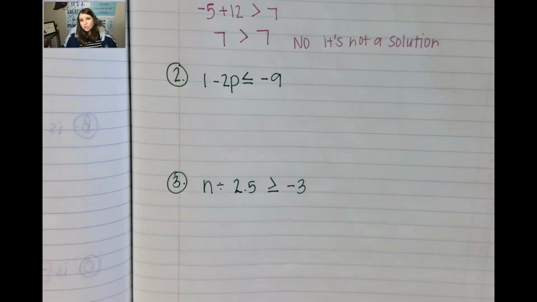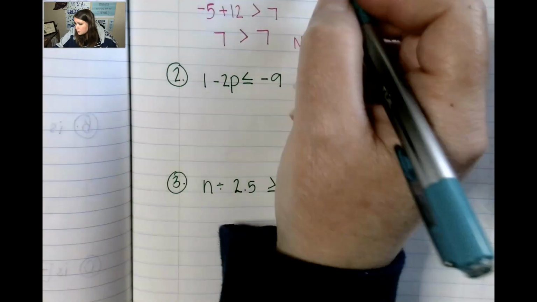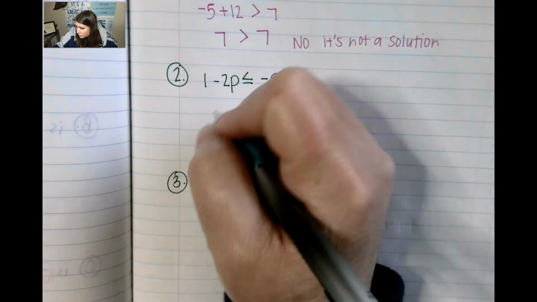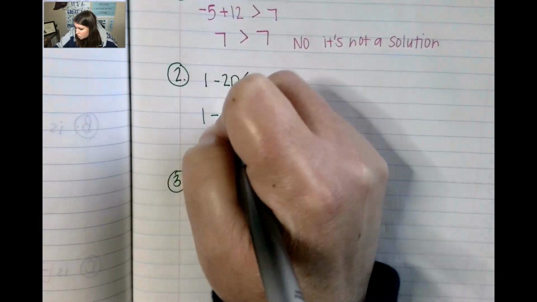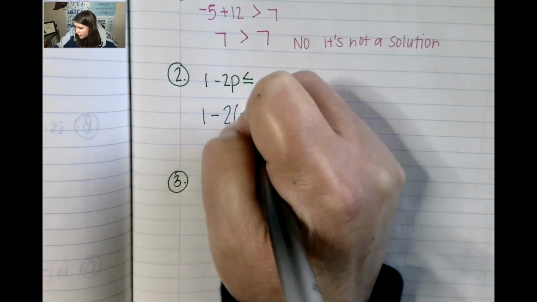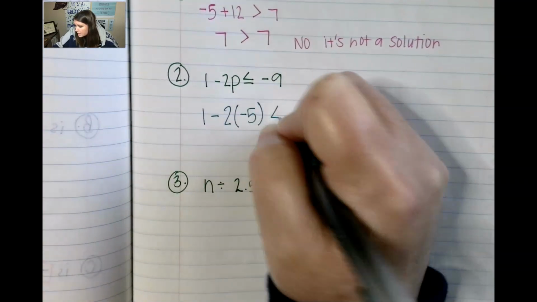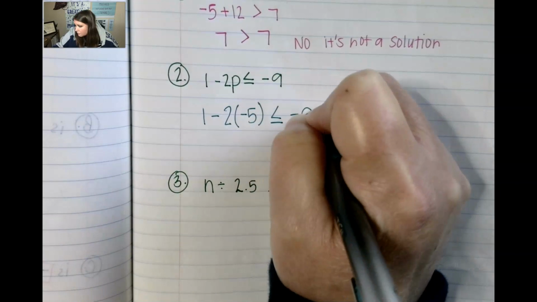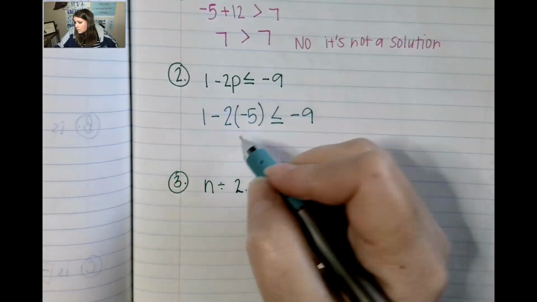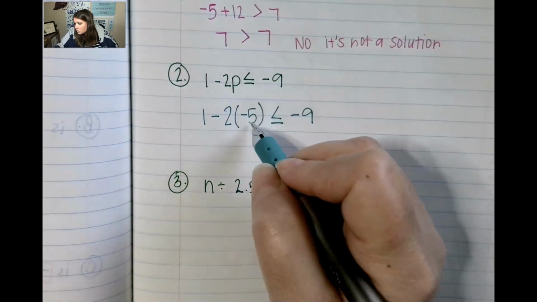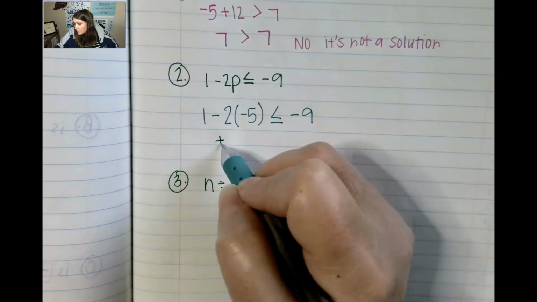All right, number 2, we're going to put in, again, -5. So take that -5 and we're going to put 1 minus 2 times -5 is less than or equal to -9. So let's solve first. -2 times -5 is a positive 10.